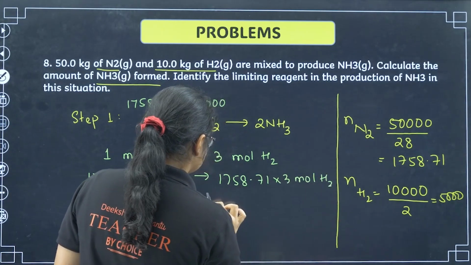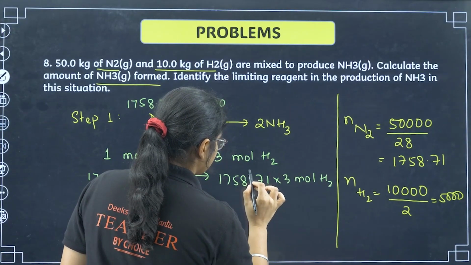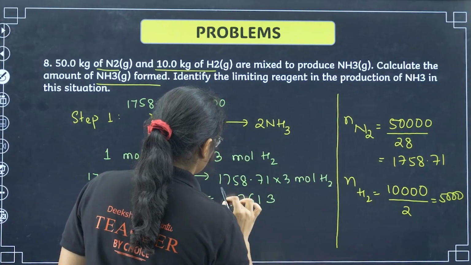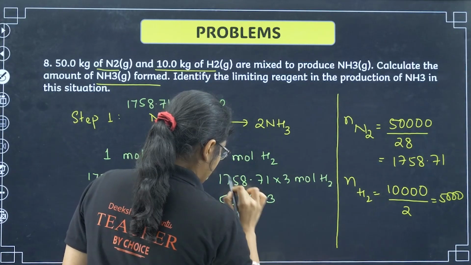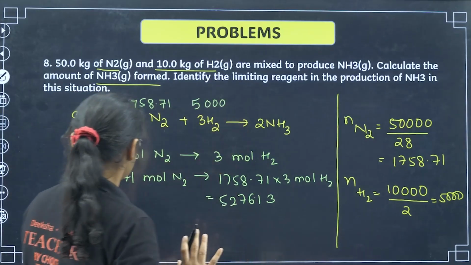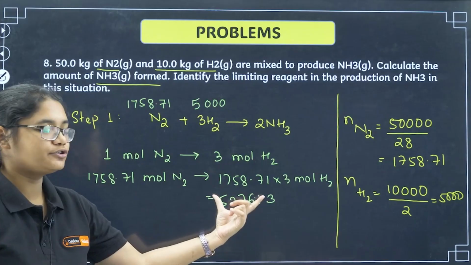If I solve this, I'll get 5276.13 moles of H2. Means for this many moles of N2, this many moles of hydrogen is required.